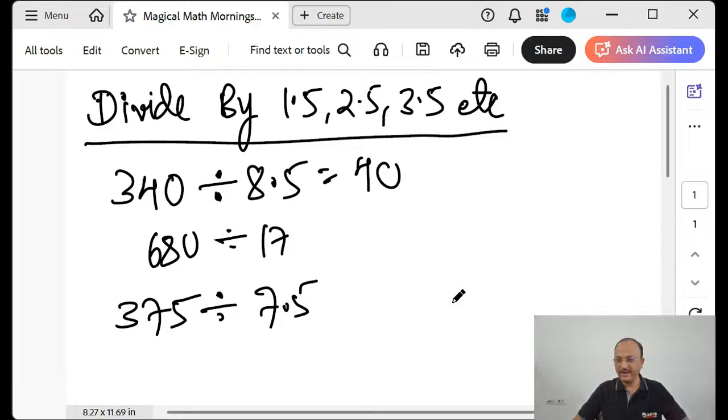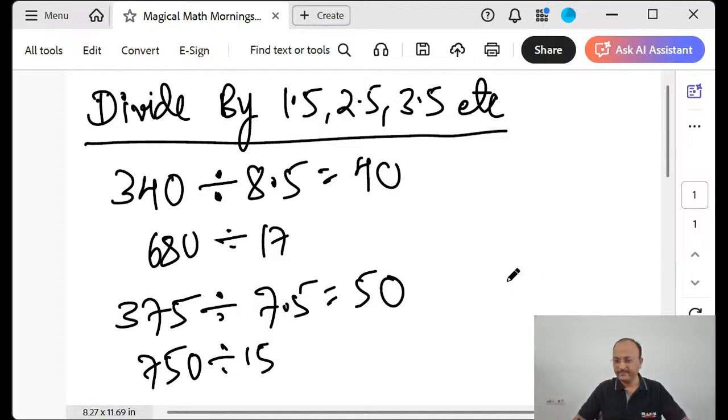It's not 45. Yes, 50 is the right answer. 375 doubled. When you want to do such things, what we do? 350 doubled is 700. 25 doubled is 50. So it becomes 750 divided by 15. 15 fives are 75. Thank you for the comments. Correct. It is 50 actually. I think someone has made a mistake while typing. This is the easier one.